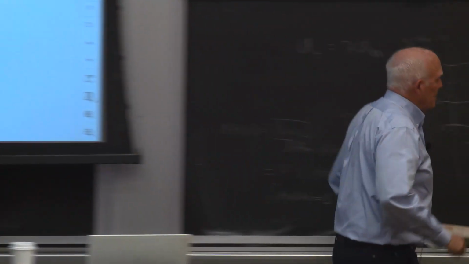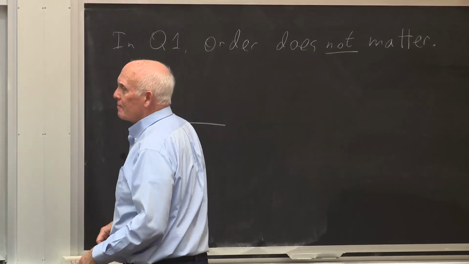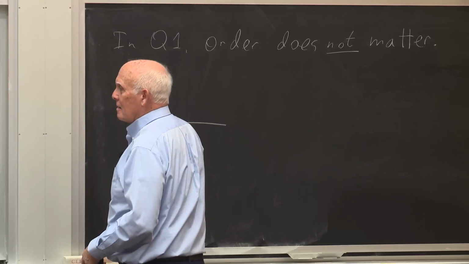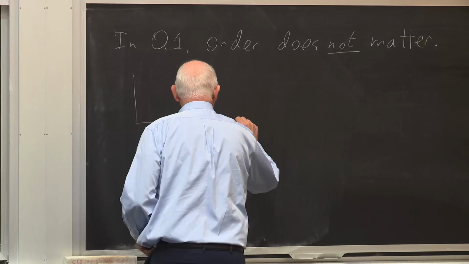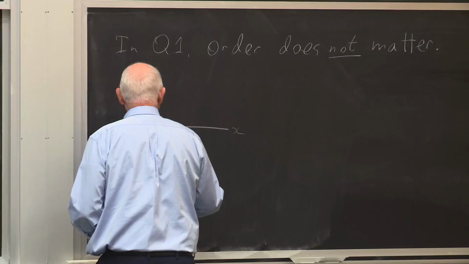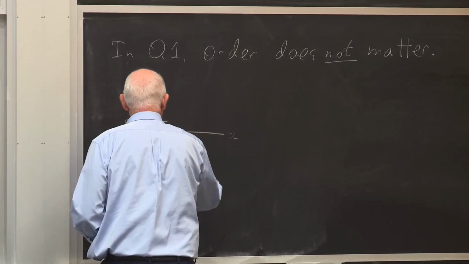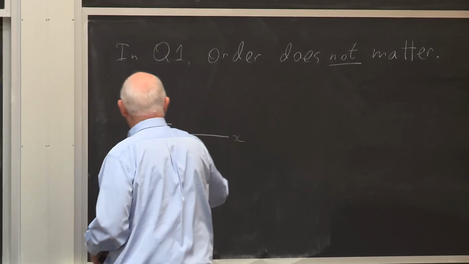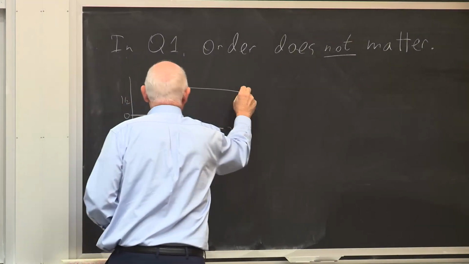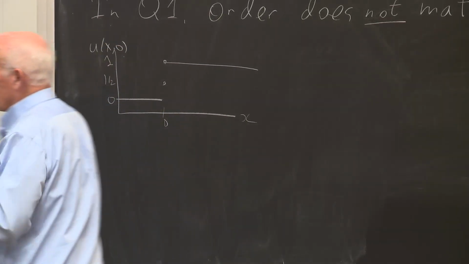So let me just write it as a function of x, I guess, the function at 0, and then it's 1/2, and then it's 1 here. So this is the function u of x, 0 for this case.